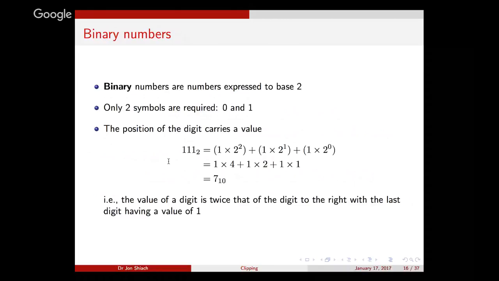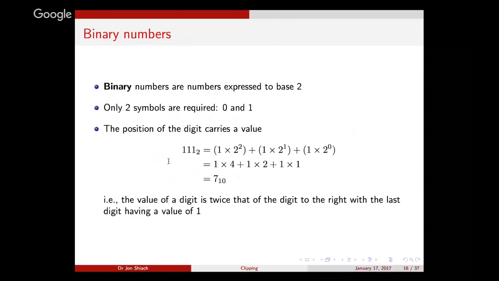So if I want to calculate what 111 in binary is as a decimal number, I have 1 times 4 plus 1 times 2 plus 1 times 1, which is 7. So 7 in decimal is 111 in binary. In other words, the value of each digit to the left is double that of the digit to the right.